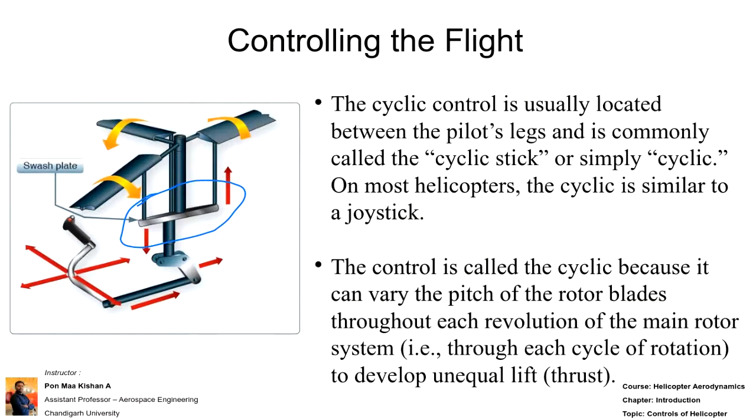So if this is the rotor system initially, with the shaft, when the pilot wants to move forward, he will use this joystick and push it forward. So what will happen? This rotor will be deflected in the new direction. Okay, I have drawn wrongly.